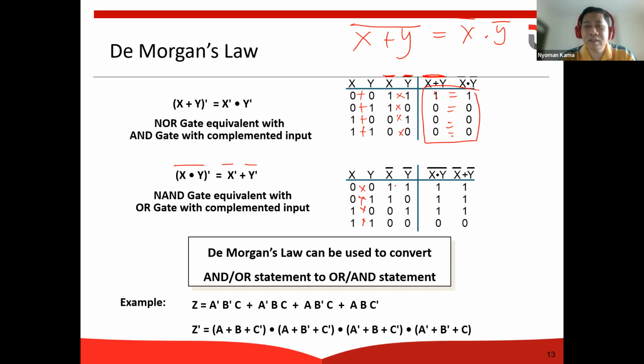And then x naught plus y naught: 1 plus 1, 1. 1 plus 0, 1. 0 plus 1, 1. 0 plus 0, 0. It's the same. Now, basically, De Morgan's law is used to convert from an AND statement to an OR statement, or from an OR statement to an AND statement. Okay.